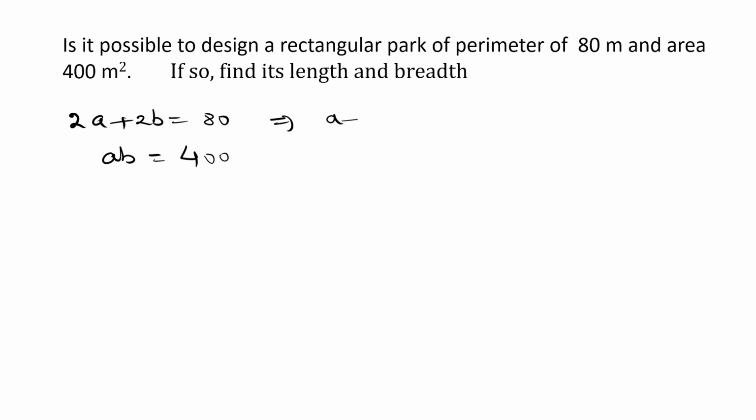The first equation gives A plus B is equal to 40, and the second equation gives B is equal to 400 over A. Now substituting the value of B from the second equation into the first equation, we get A plus 400 over A is equal to 40.